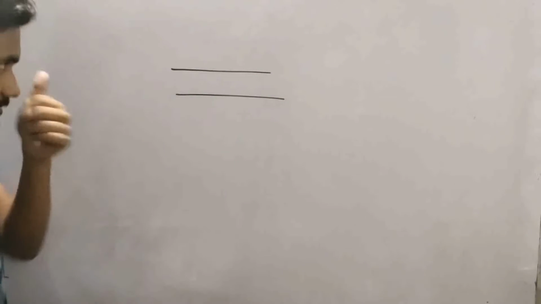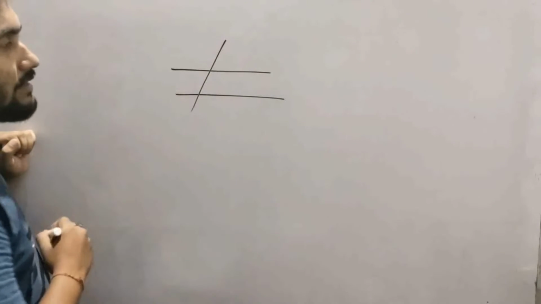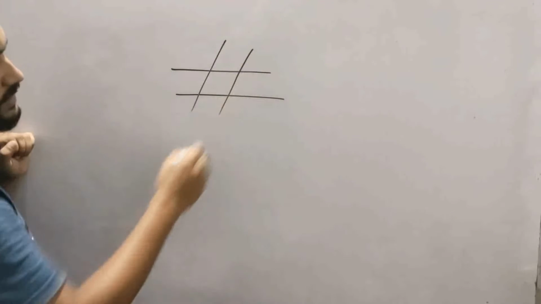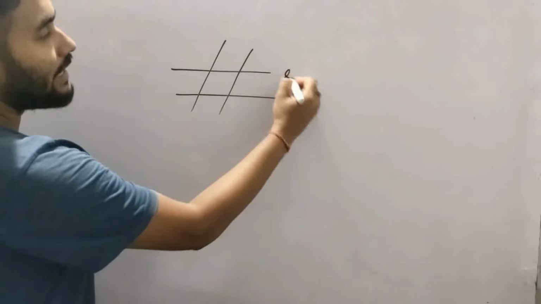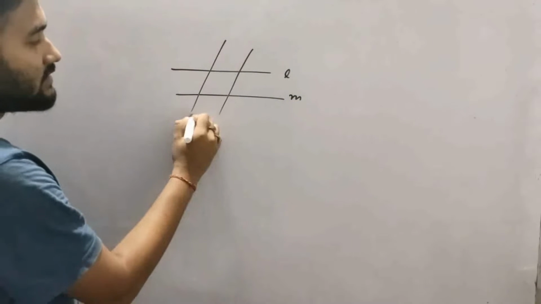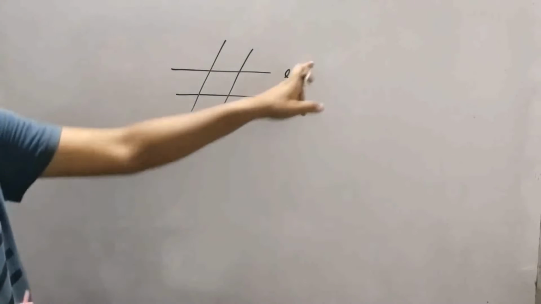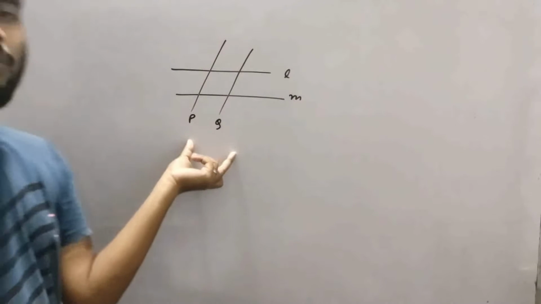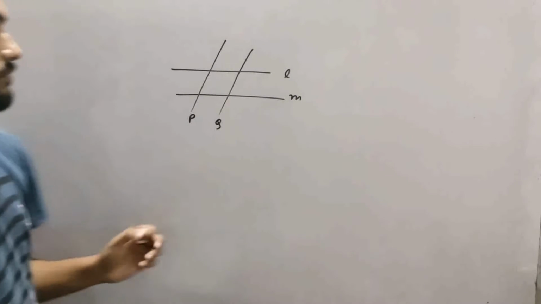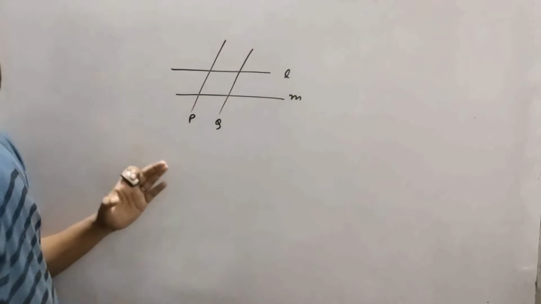So two parallel lines. This is the transversal. One more transversal will be there. Same. So now you see, for these two lines, L and M, this is P and Q. For L and M, P and Q are what? Transversal. Again you see L is parallel to M, isn't it?